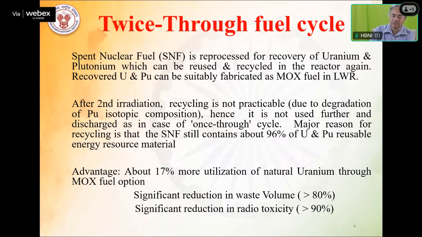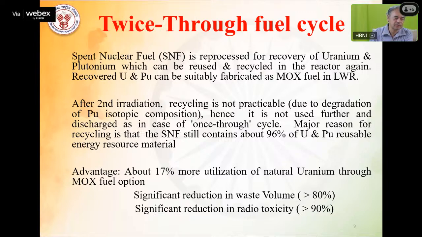And other advantages are that 17% more utilization of natural uranium is possible through the MOX fuel option, and waste volumes are reduced greatly by over 80%. And similarly, radiotoxicity present in the spent nuclear fuel is reduced over 90%. These are the advantages of the twice through fuel cycle.